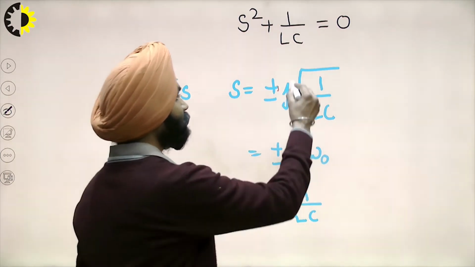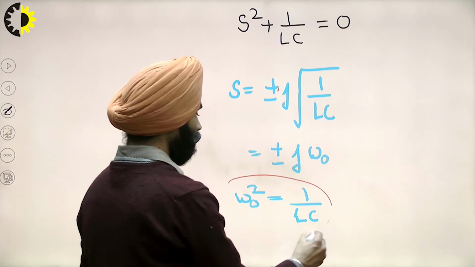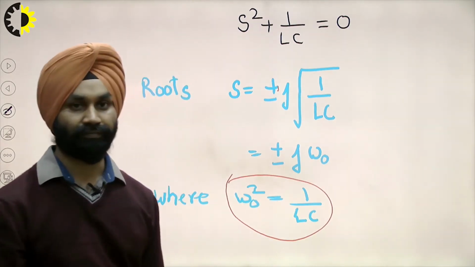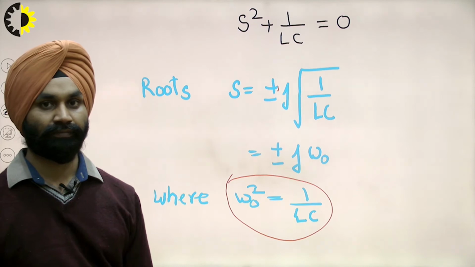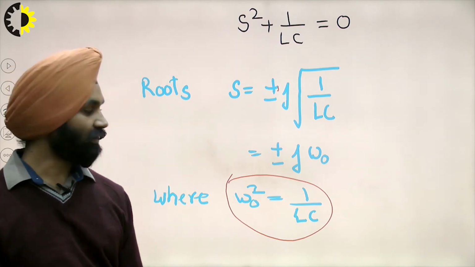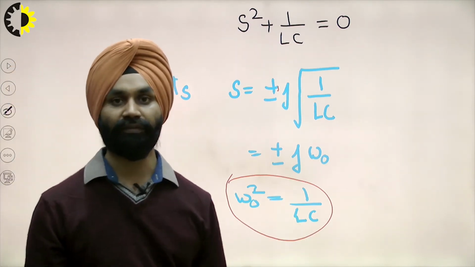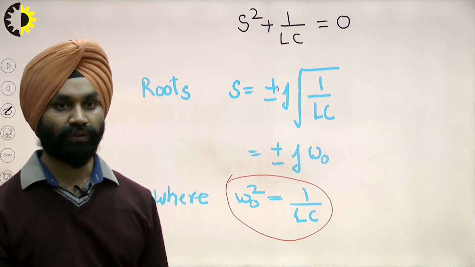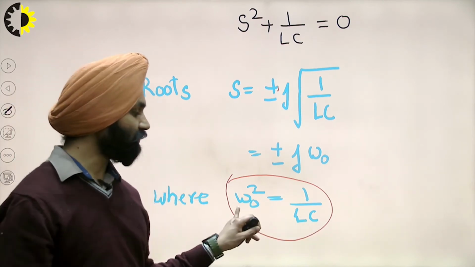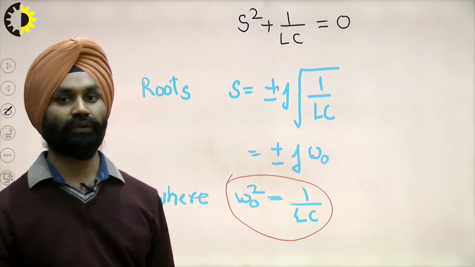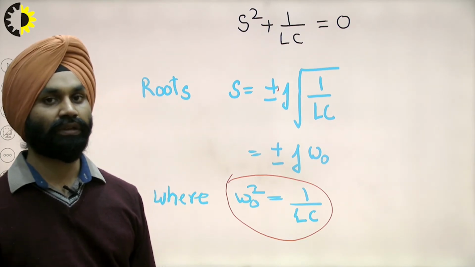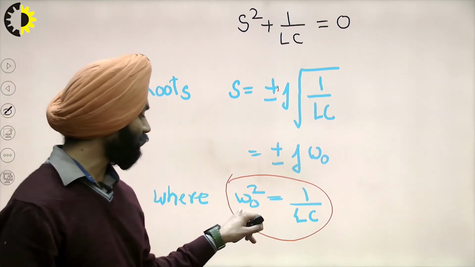Let us suppose this 1 upon LC is a term given by omega square. Now, this L and C are dependent upon the frequency. So, both terms give a root, a pole, which is dependent upon the frequency.